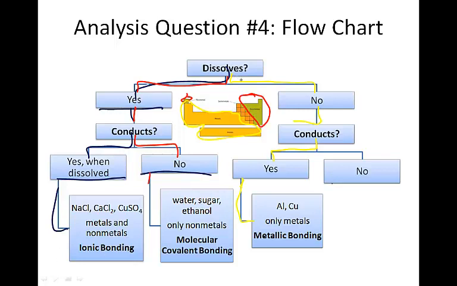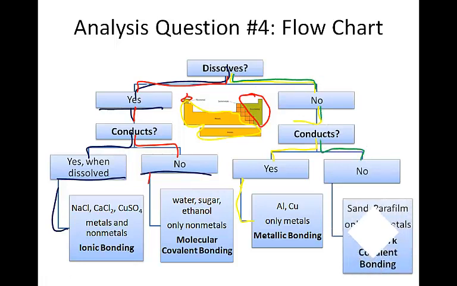And then finally, let's follow this path of those that did not dissolve and they didn't conduct. Those are network covalent because they have only nonmetals and they didn't conduct or dissolve. So sand and parafilm fell into that final category. So again, you could arrange yours in a different order as long as there's a logical flow to your chart.